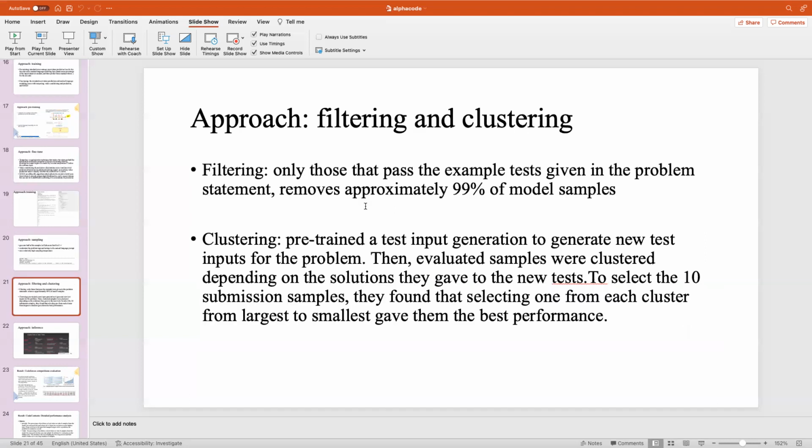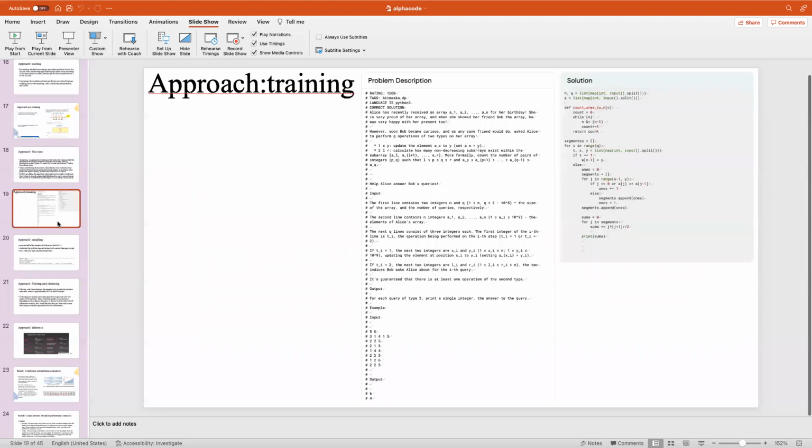The authors designed the filtering and clustering phase to filter the correct solutions from the 1 million candidates. Filtering is pretty simple. Remember the problem also has some example inputs and outputs.